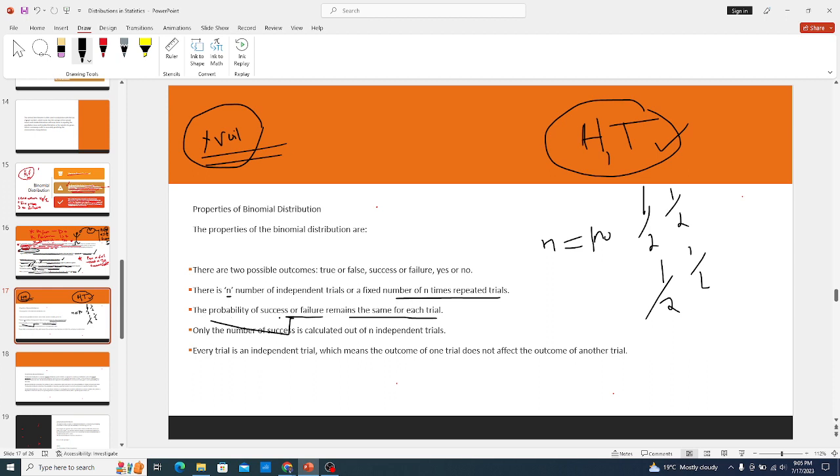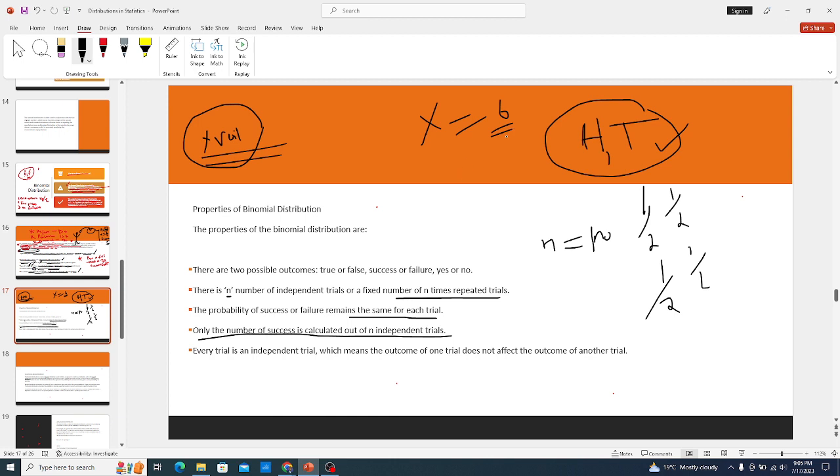The probability of success or failure is the same. Then only the number of successes is calculated out of n independent trials. Remember I said the x counts the total number of successful outcomes. Meaning, if we get 6 successes, then we are good.